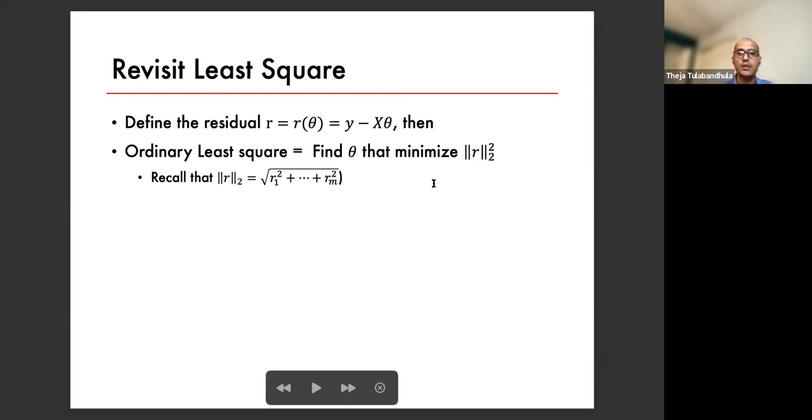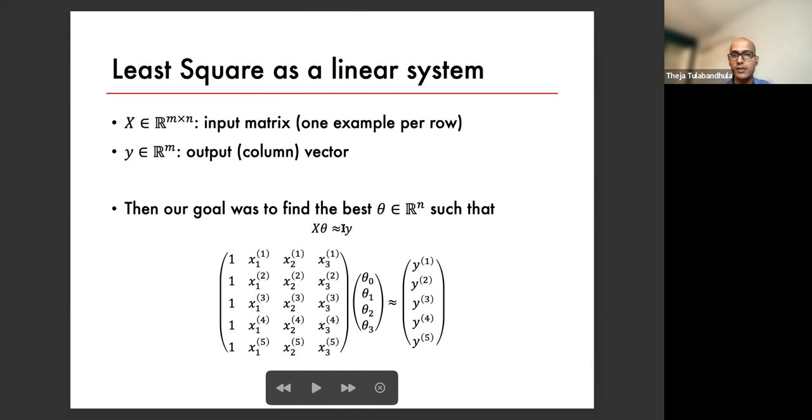So we want to find theta that minimizes this residual. Why? Remember, our objective is to find x theta as close to y as possible. If it is exactly equal, the residual is 0. So the smaller the residual, the better the theta is, because we want the left-hand side to be as close as possible to the right-hand side in the system of linear equations.